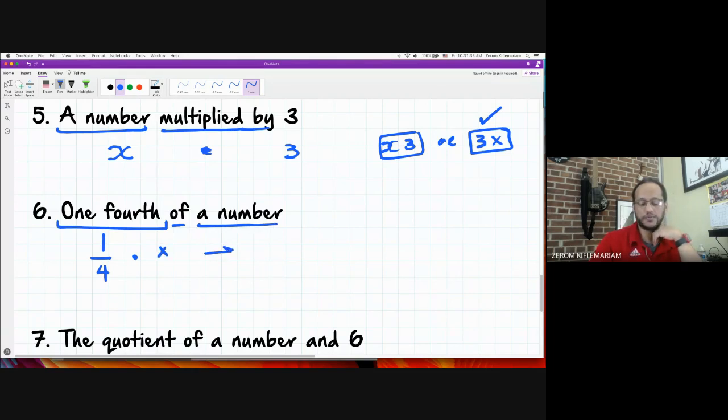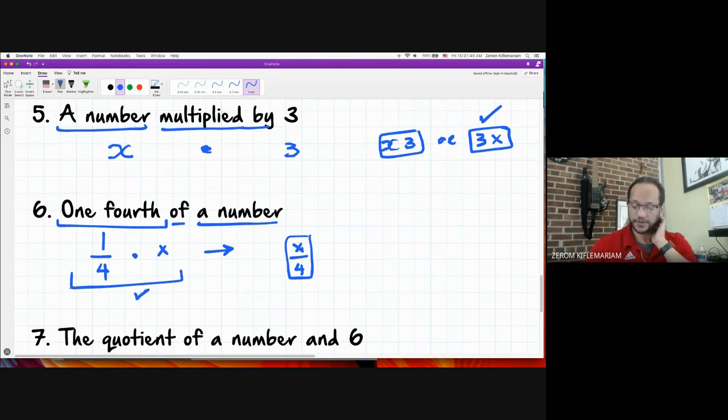So nothing wrong if you leave it this way, or you can write it as x over 4, since 1 times x is x. But I prefer the left one because the steps are right there.